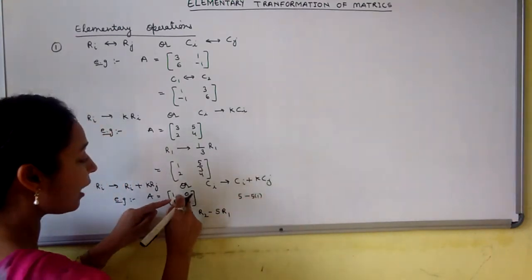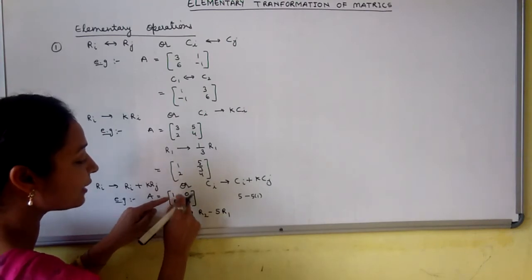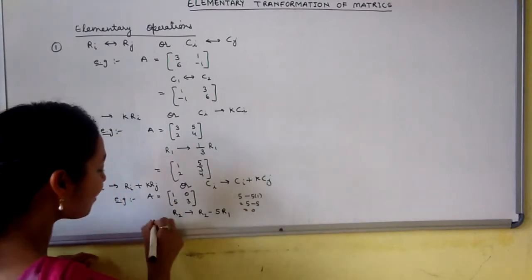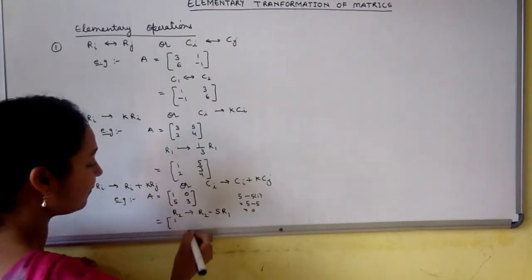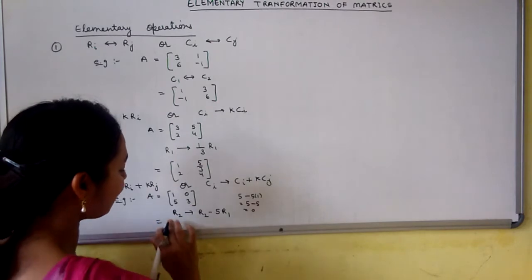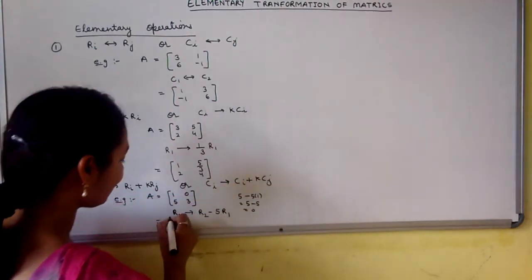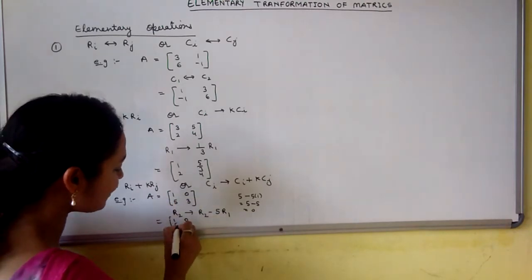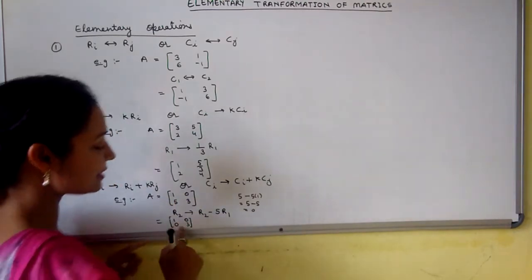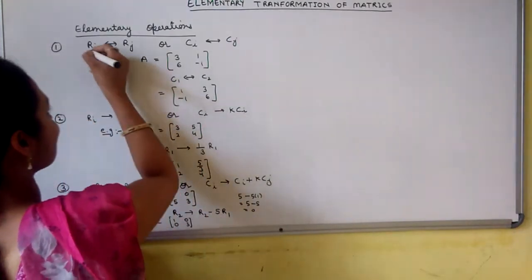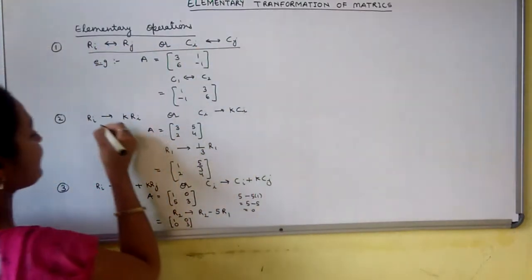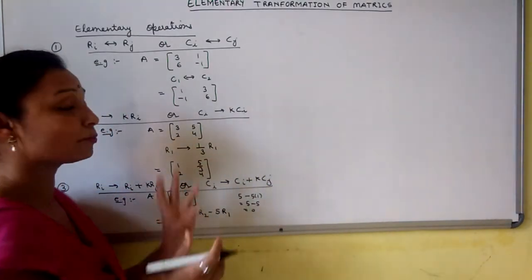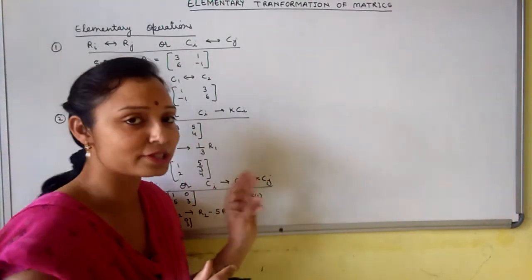You have to take only the corresponding elements. 5 minus 5 is equal to 0, so we have 1, 0. When you subtract with 5, this is 0 and 3. This is the way to apply the operation. First operation, second operation, and this is the third operation. Keep in mind there are only 3 operations for the elementary transformation.